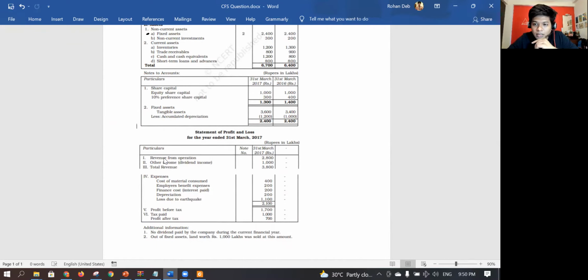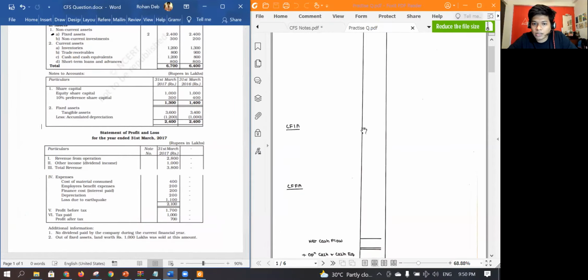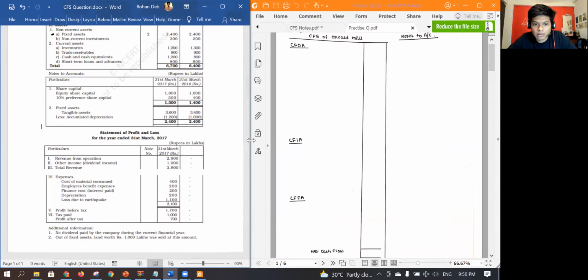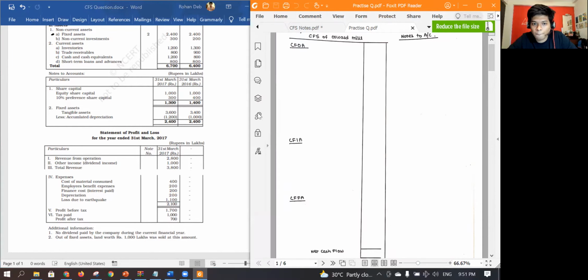So for the indirect method, as I told you, first, let me split the screen again. What I generally do is firstly make this format. I've given you the format. Let me see if I can split it a little better so you can see the entire thing.